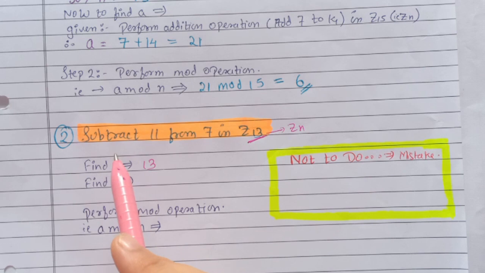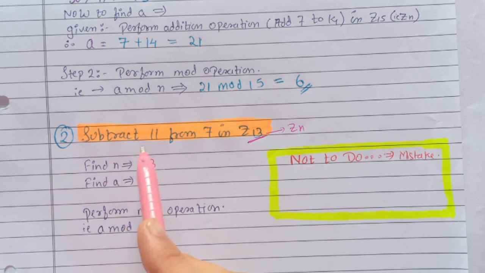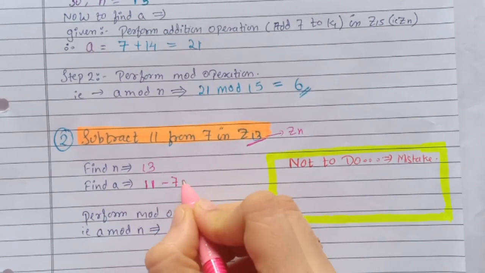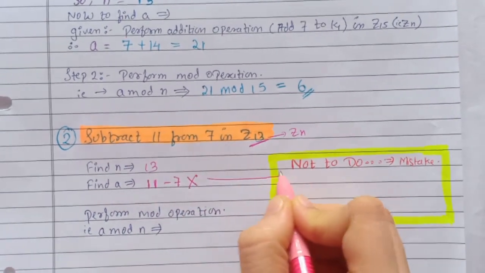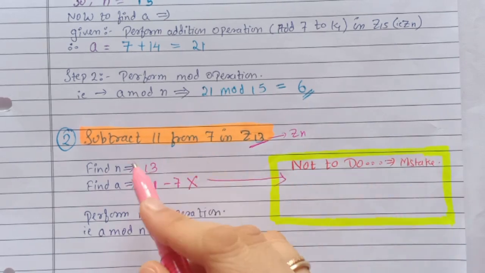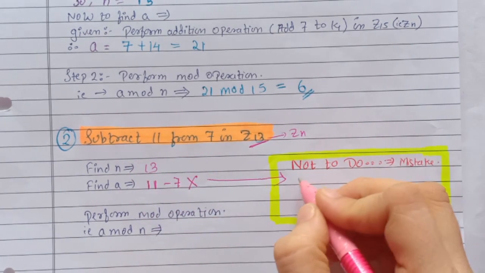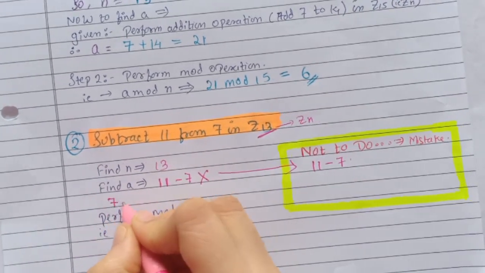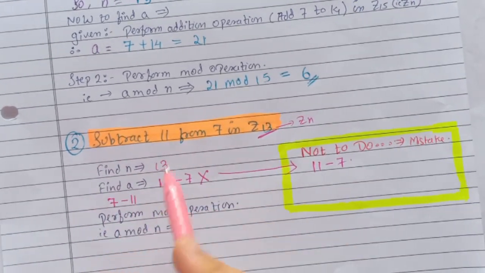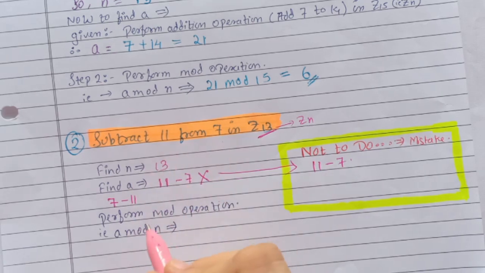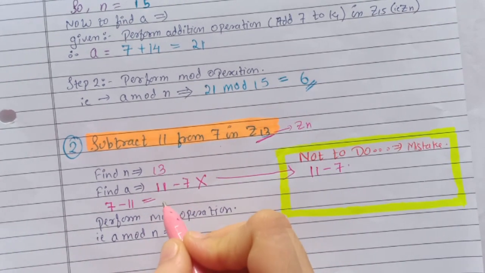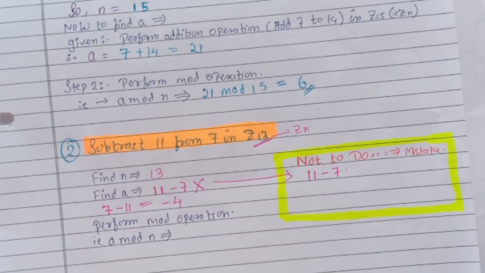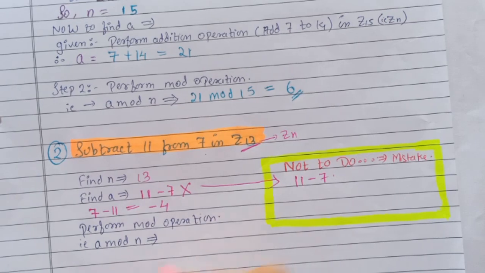What they have given here is subtract 11 from 7. We'll do 11 minus 7. No, that is wrong, this is a mistake. When it is given 11 from 7, it is not 11 minus 7. It is 7 minus 11, because from 7 you have to subtract 11. And this we get as minus 4.